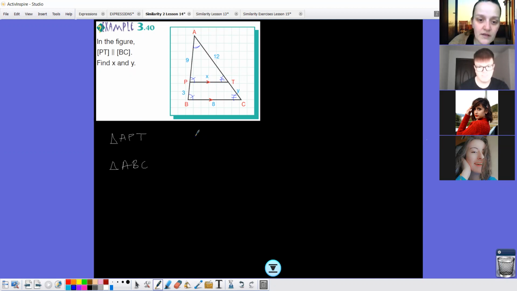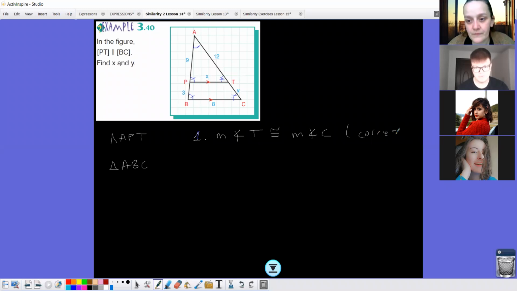So I can write that first the measure of angle T is congruent to the measure of angle C because they are corresponding angles, and I will take angle A is common.